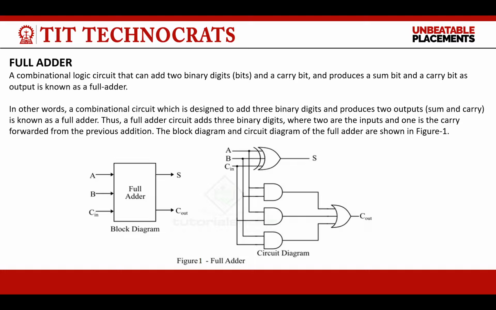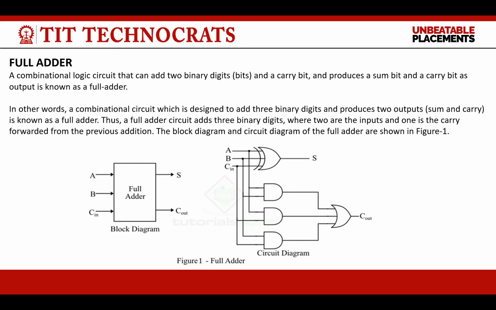In other words, a combinational circuit which is designed to add 3 binary digits and produces 2 outputs, sum and carry, is known as a full adder. Thus, a full adder circuit adds 3 binary digits where 2 are the input and 1 is the carry forwarded from the previous addition.